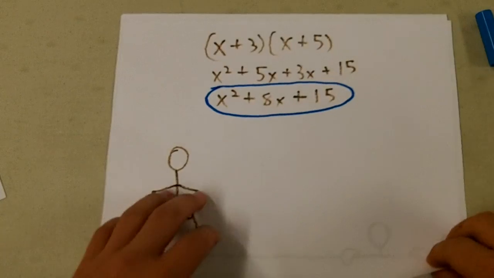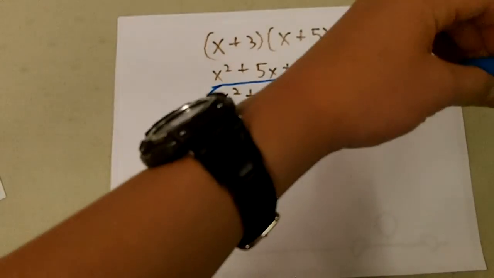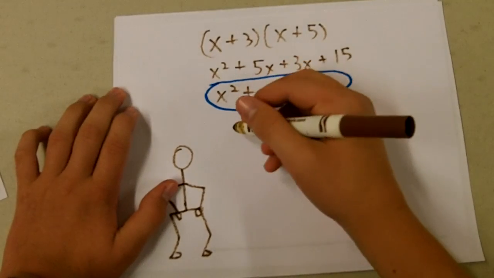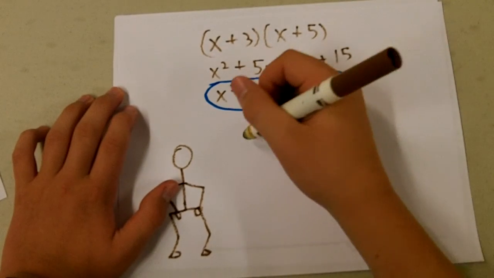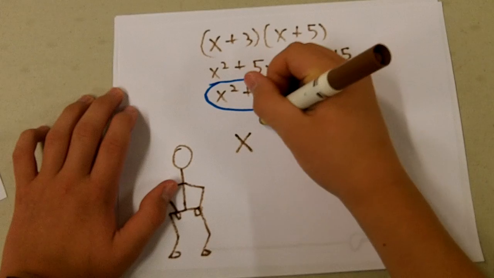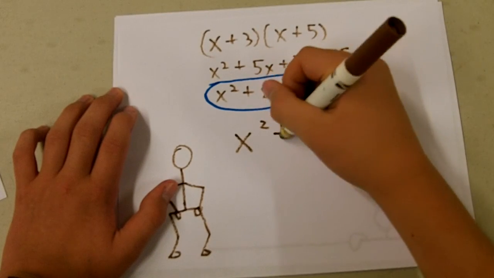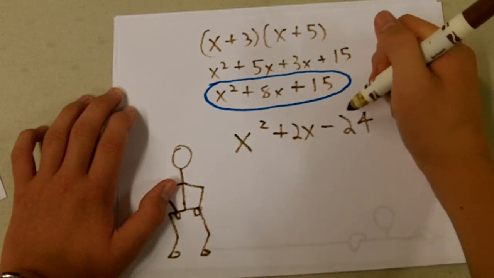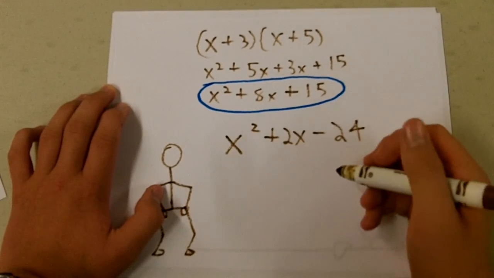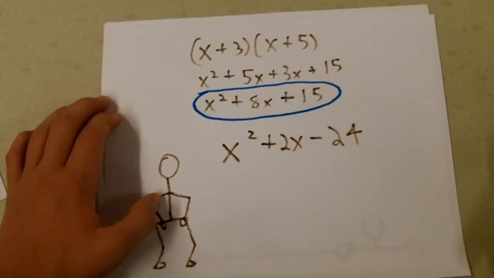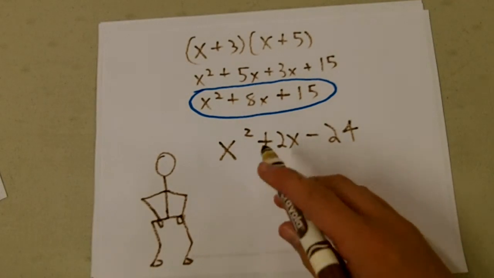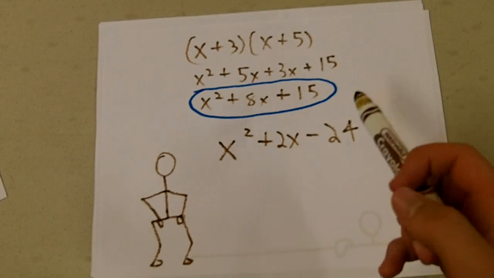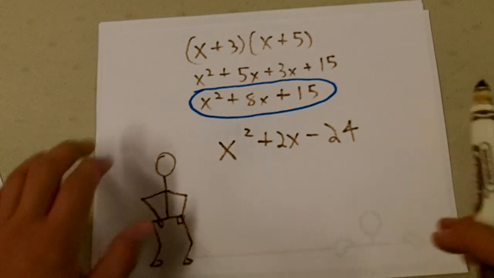Now we're going to move on to a slightly harder trinomial because this one involves negatives. And it is x squared plus 2x minus 24. And this may seem a little difficult at first, but we have to find two numbers that add to 2 and multiply to negative 24.